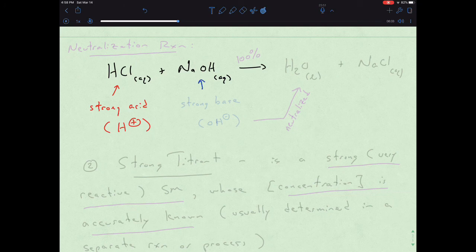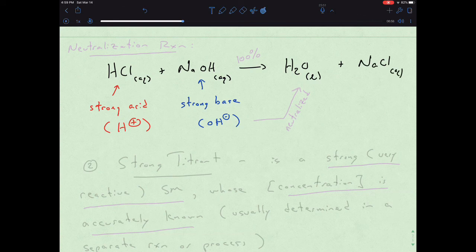And sodium hydroxide is our strong base. This is a metal hydroxide, so a direct source of OH minus. And when they react, they're going to react to make water, they're being neutralized, as well as sodium chloride.